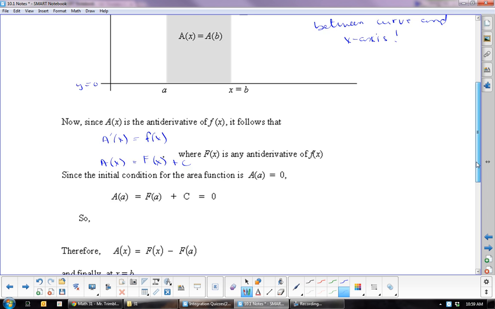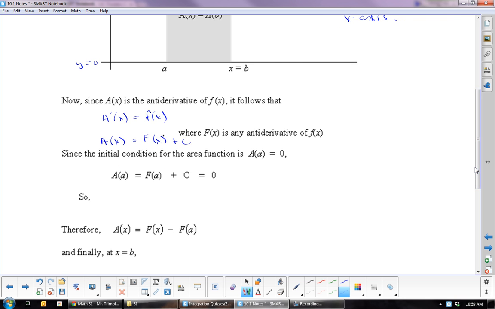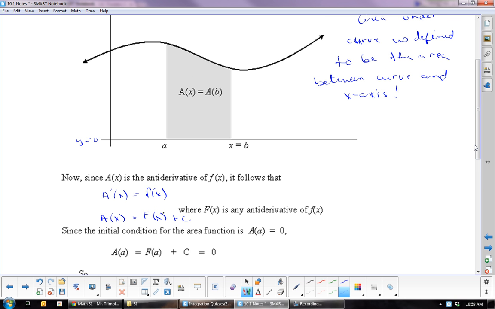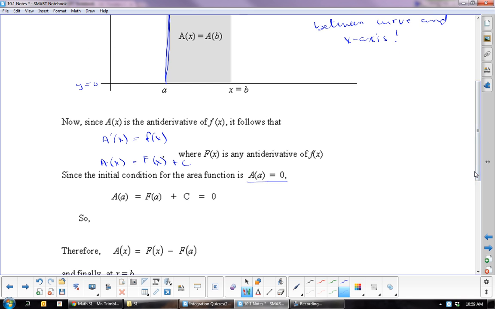Now, the initial condition at A: if I was to find the area at A, there would be no area, right? It's like one dimension. So the area at A would be the antiderivative at A plus C, which would be 0.